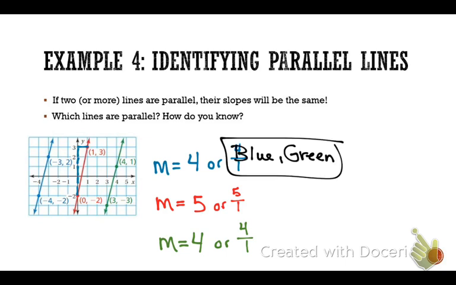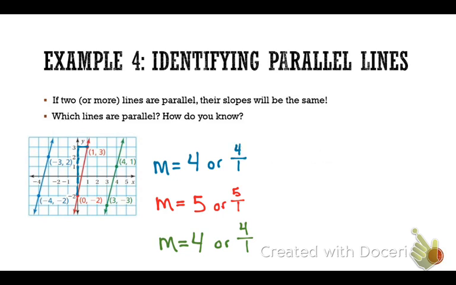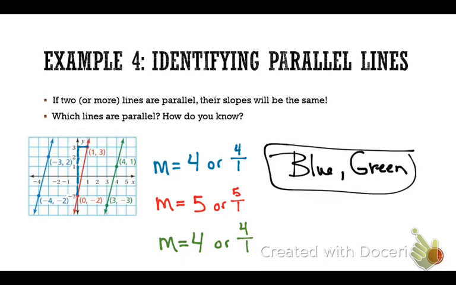Blue and green. Oh, and that kind of overlapped because I wrote the fraction. So I'm going to say blue and green. All right. Okay, just kind of reading a graph. Any questions?